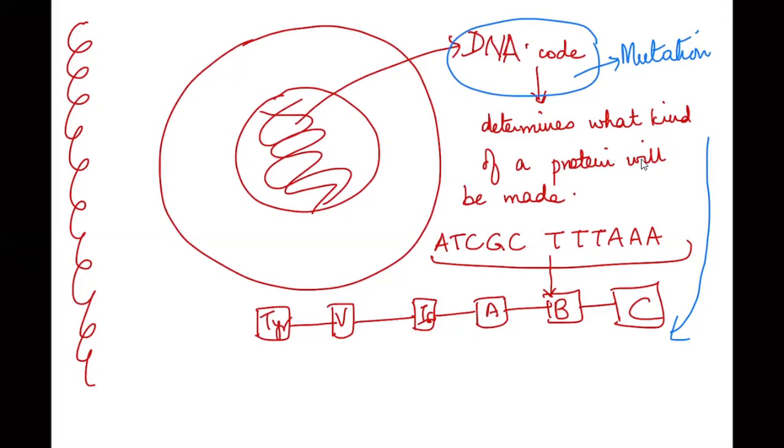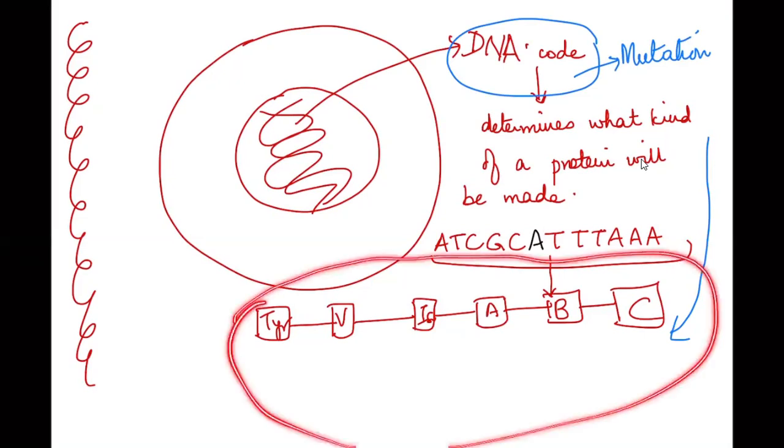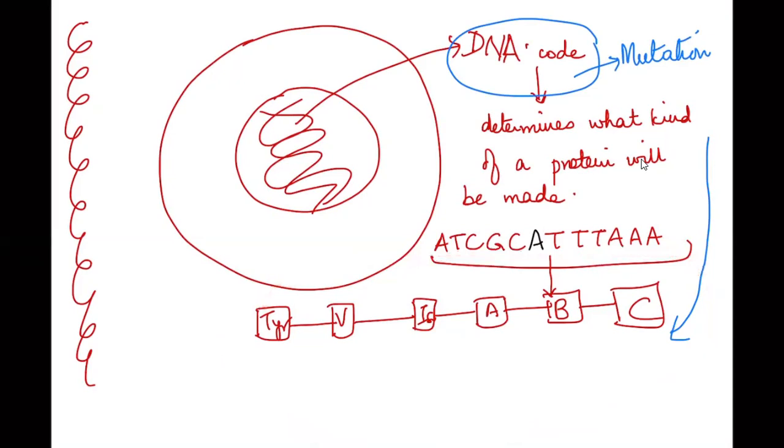I'm erasing a letter and I'm putting the letter A. This is the mutation. ये मैंने mutation बना ली. तो अब, of course, when I change this, I will not get the same sequence of amino acids which I was getting before. Okay? So this means that any change in the DNA code will change the primary structure of the polypeptide, and hence it will change the hemoglobin also.